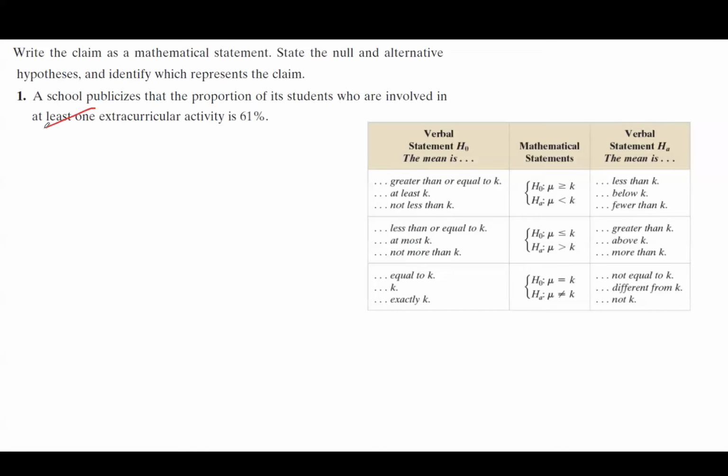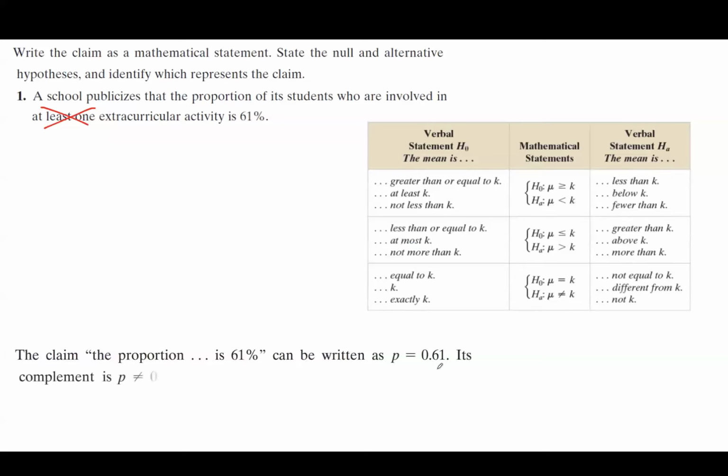It's a common mistake for students to say that we have a keyword at least. At least is not a keyword here. The claim, the proportion is 61%, can be written as P equals 61%. Its complement says it's not equal to 61%. So please pay attention here.